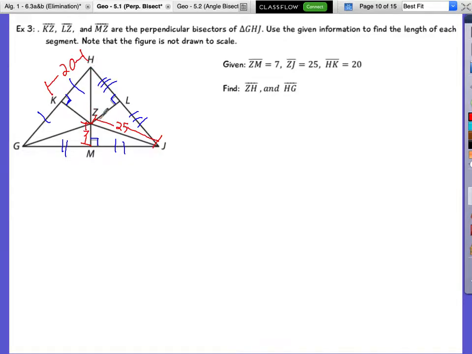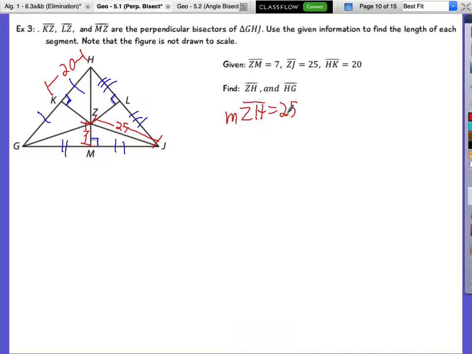The K and L are not vertices. So that means ZH is the same length as ZJ. So that means the measure of ZH is 25.